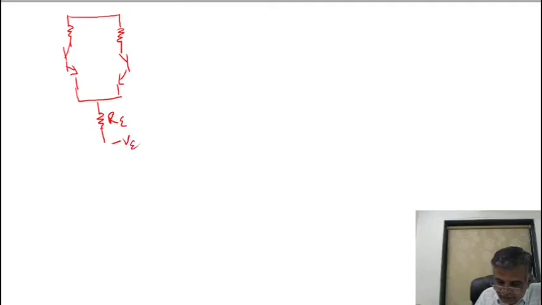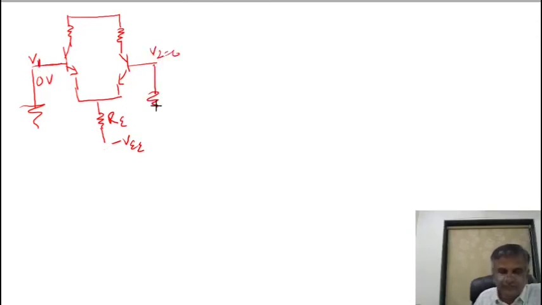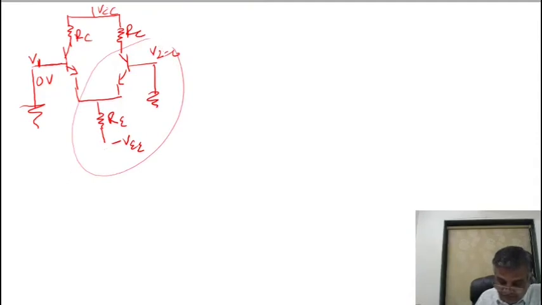This is a negative voltage with respect to ground, you must remember this. This is V1, it is ground, so I can say 0 volt. V2, 0 means it is ground. Okay, this is your RC, this is your VCC. This section I am writing again. Look here.